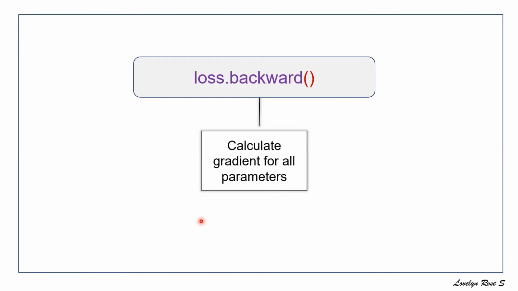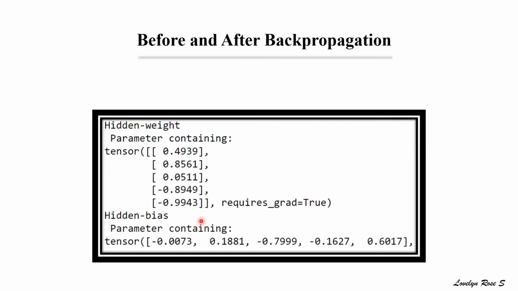It calculates the gradients for all the parameters that are there. What are the parameters in our model? The parameters are the weights and the bias. So loss.backward would actually calculate the gradient for all the parameters, the weights and the bias in the model.